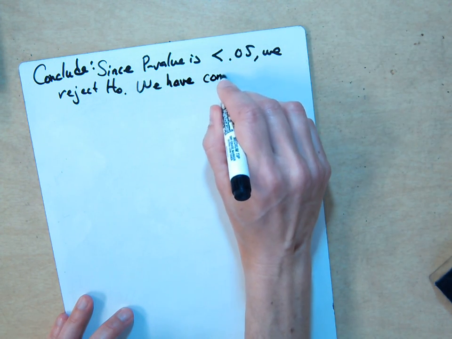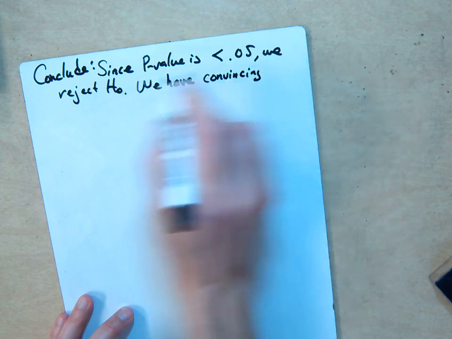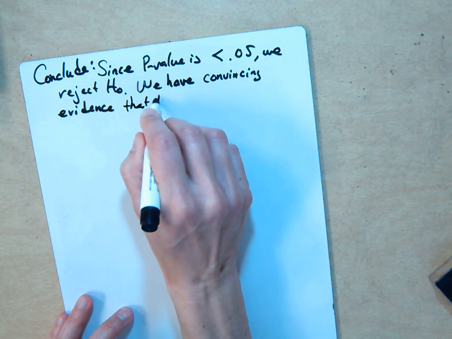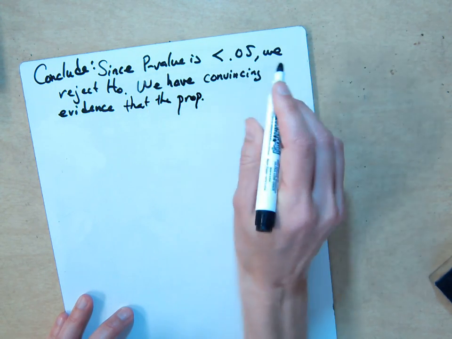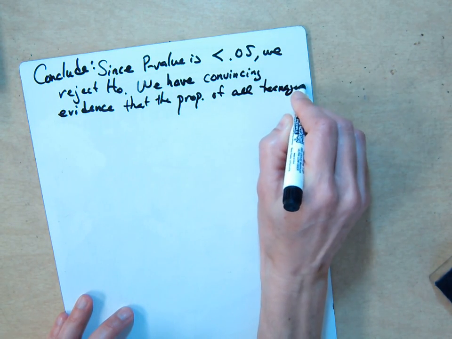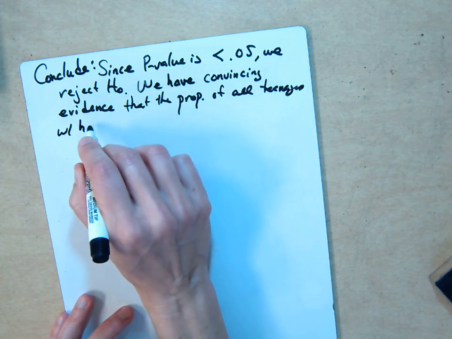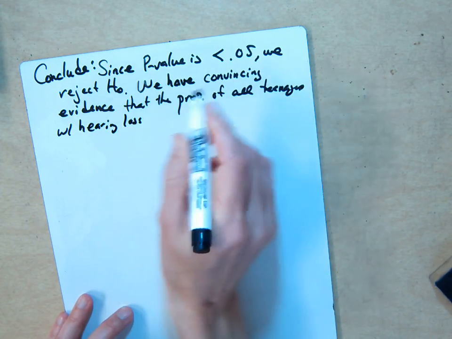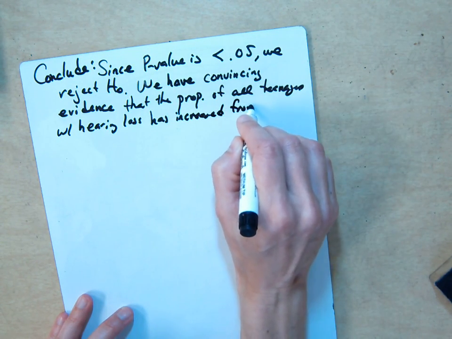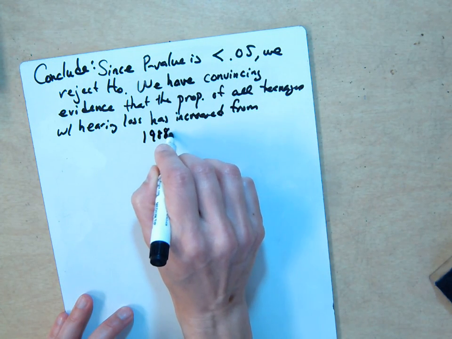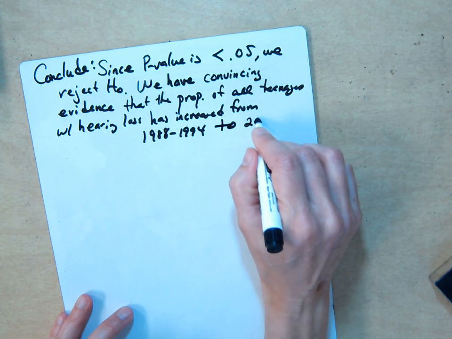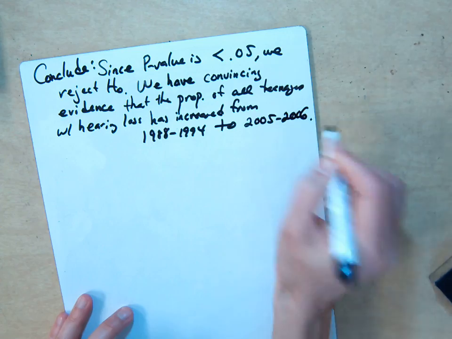We have convincing evidence that the proportion of all teenagers with hearing loss has increased from 1988 to 94 to 2005 to 2006.